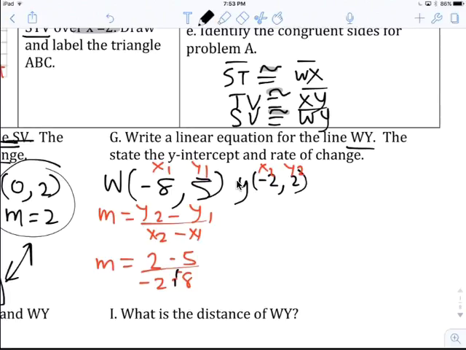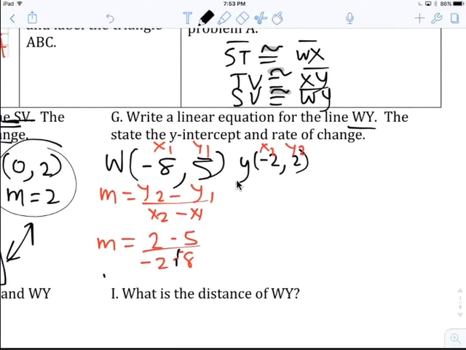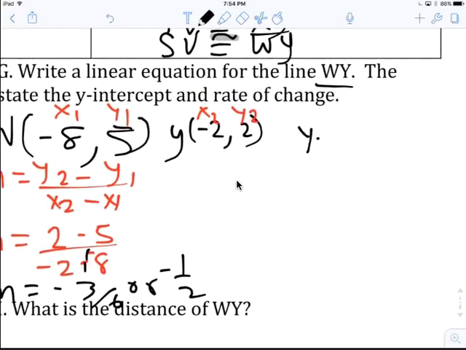Plus, that's 3 over 6, right? Negative 3 over 6, or negative 1/2. So you go y minus y1 equals m times parentheses x minus x1.